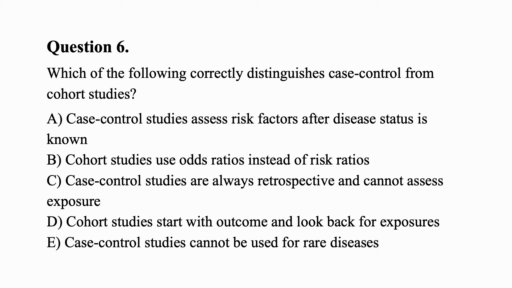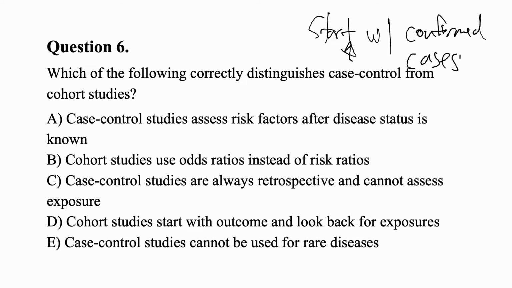D, cohort studies start with outcome and look back for exposures. Or E, case control studies cannot be used for rare diseases. So the best one, so again, case controls when you start with cases. So you start with your confirmed cases as a group in case control studies, whereas in cohort studies, you start off with an exposure and follow that cohort through time.